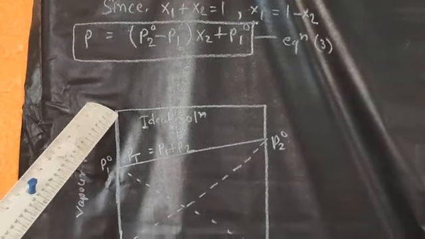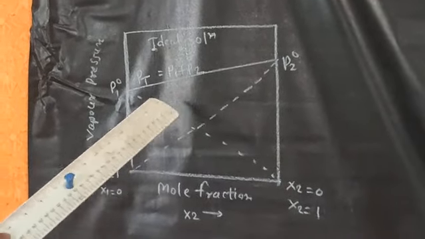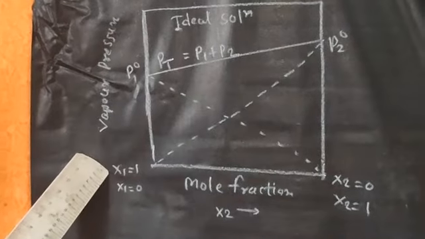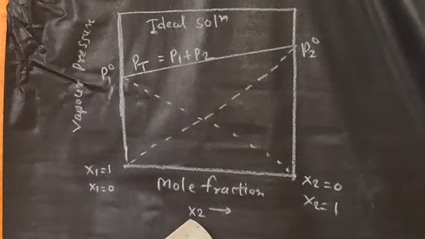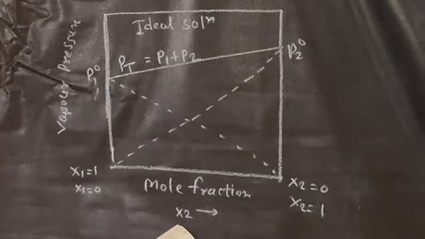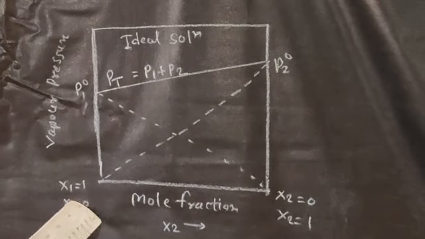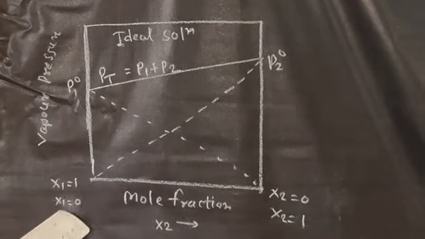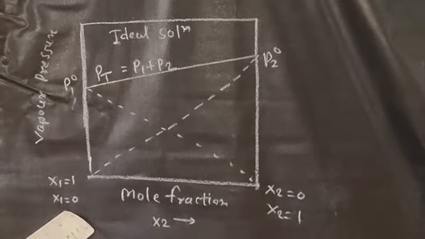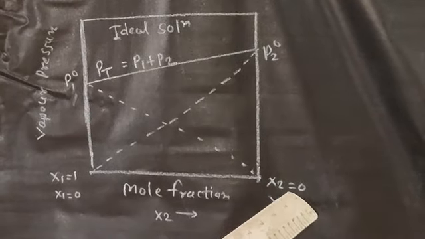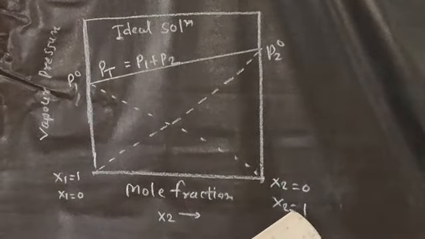According to this, the graph is arranged like this. Here the graph is vapor pressure versus x2, where x2 is the mole fraction. At one end x1 is 1 and x2 is 0, and at the other end x1 is 0 and x2 is 1.